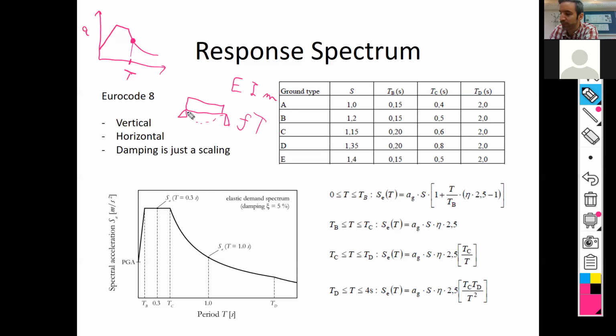Calculate, for example, how much deformation this acceleration induces, or if the structure yields or doesn't yield, that kind of stuff.